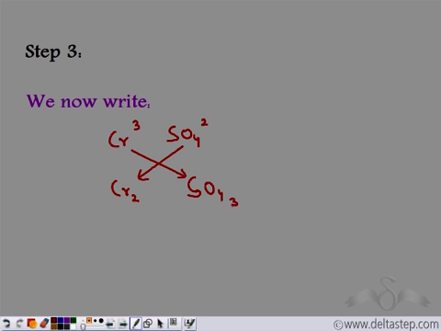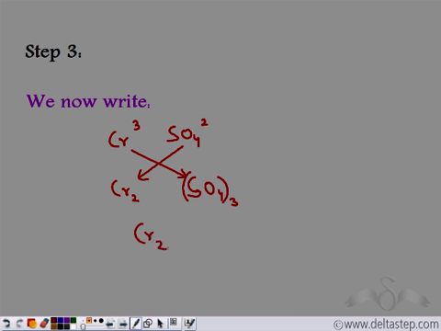Now, if I add this 3 just like this, it is confusing, right? Whether this 3 is with this 4, whether this 3 is with oxygen, or is it with sulfur? So how do we solve this confusion? We put a bracket. So this bracket shows that this subscript 3 is with the entire sulfate radical. So what do we get as the formula?